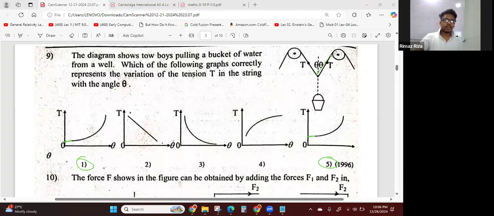Angle 0 means the wire will be more down, so more deep. If you have practical experience, you might know that when the angle is like that it's easy to pull, but it will be very difficult to make the angle 90 degrees, I mean horizontal. You need to apply a larger force.